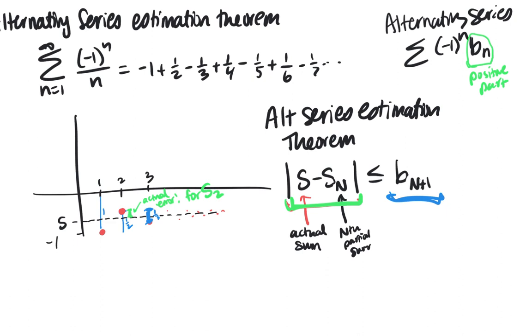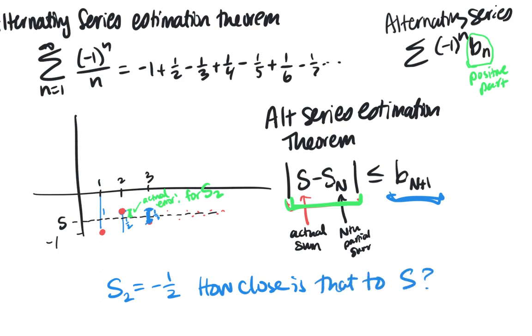Okay, so how do we use the alternating series estimation theorem? Say I compute S2. S2 is going to be -1/2. So the question is, how close is that to the infinite sum S?